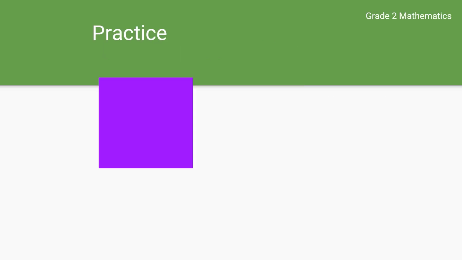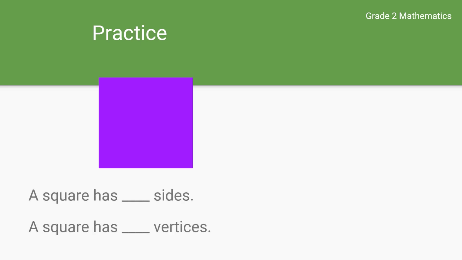Now you can practice describing a square. How many sides does a square have? How many vertices do you see? Take some time to count the number of sides and vertices on this square.